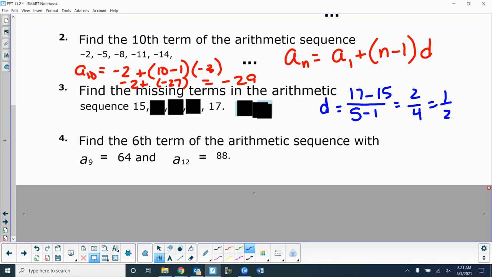All right, same rule. Far right minus far left over term number minus term number to find your D. We're not done yet.